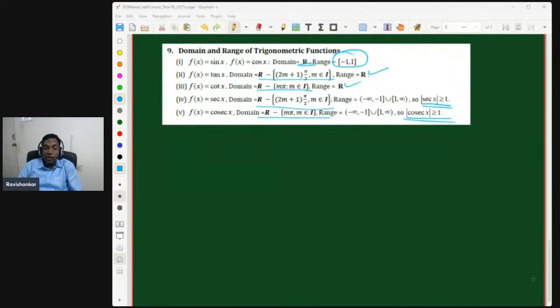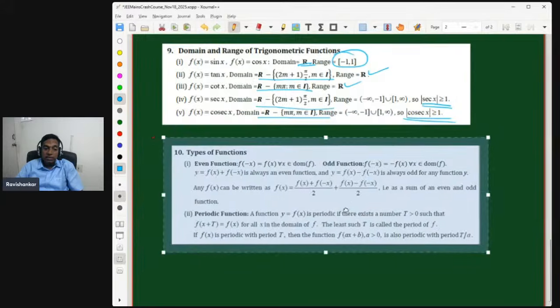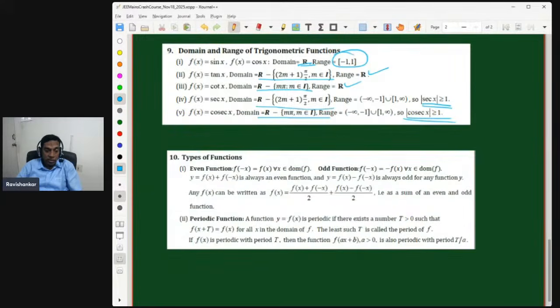Then odd and even functions. A function is odd if f of minus x is minus f of x. And most important is that most functions are neither odd nor even.